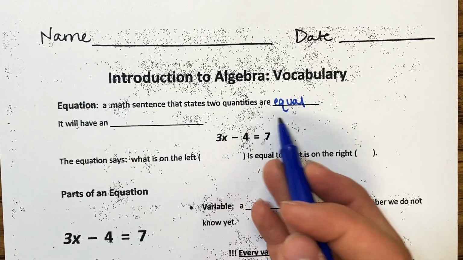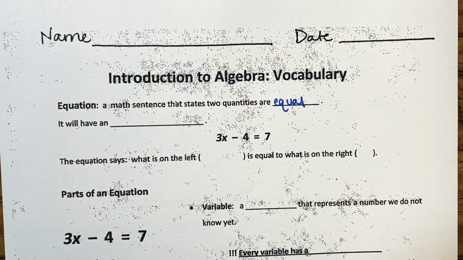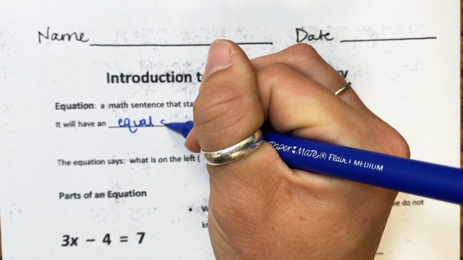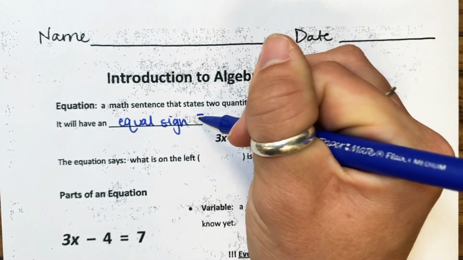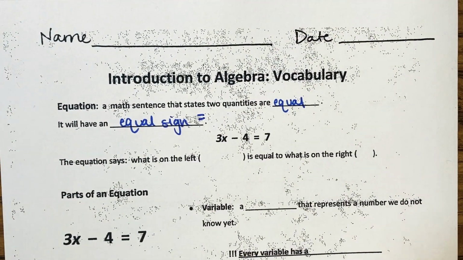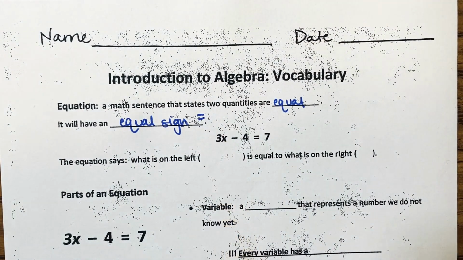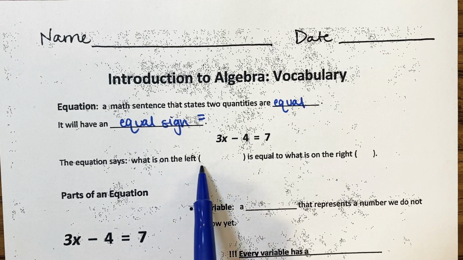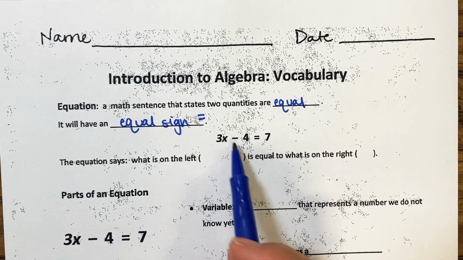Equation, equal, right? It will have an equal sign, okay? Meaning that sign right there. Okay, so if it doesn't have an equal sign, it is not an equation, and we'll get to that in a second. The equation says what is on the left. So let's figure out what is on the left right here.